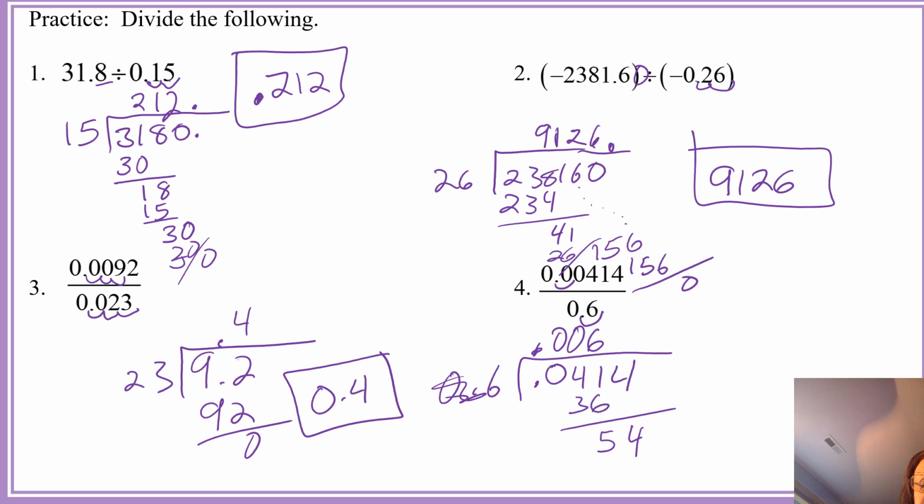Okay, and 6 goes into 54 9 times. 54, leaving me with a 0. So my answer is 0.0069, and we are done.